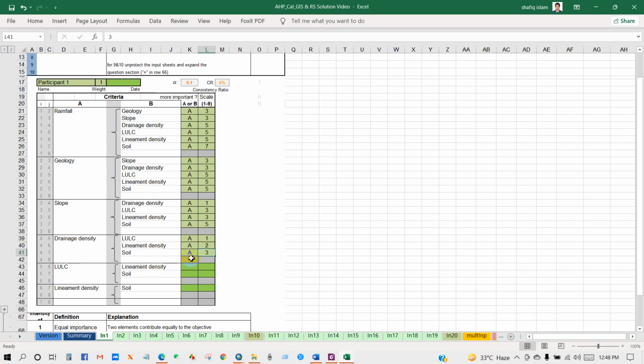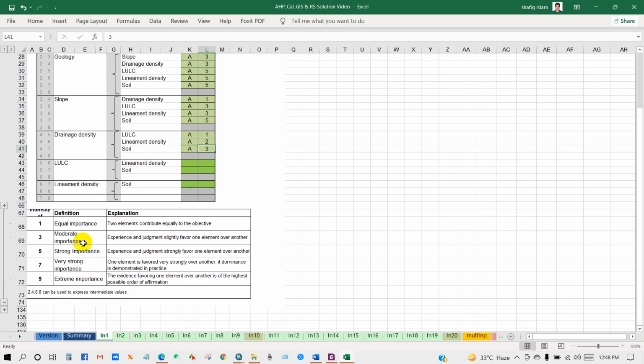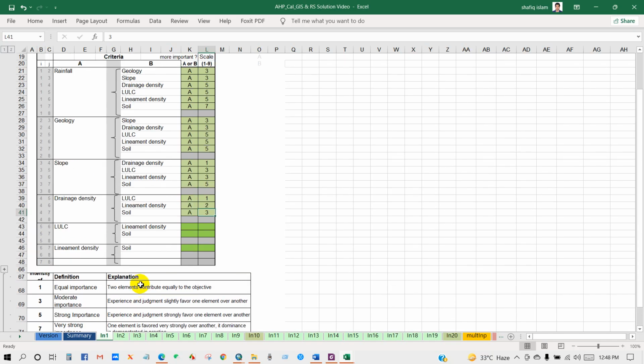And LULC and lineament density, you can see here the scale value. Then LULC and lineament density, I will give LULC or lineament for my study area. LULC and lineament density are equally important, so I've given 1. And between LULC and soil I've given 3.